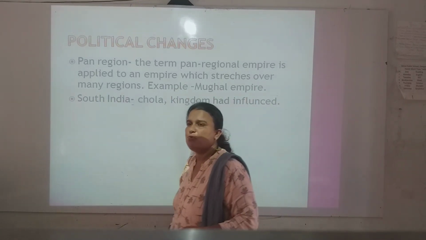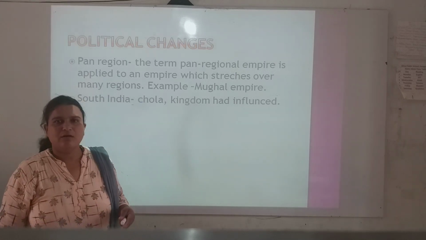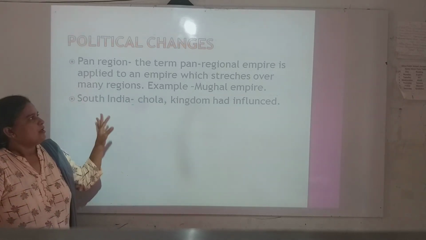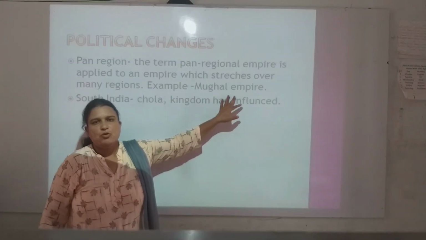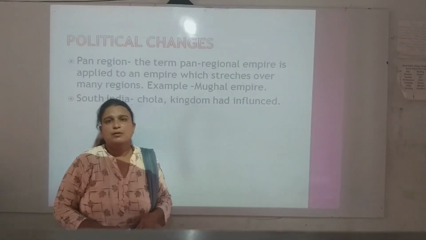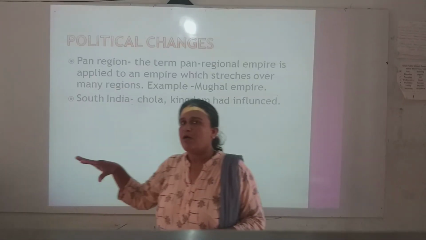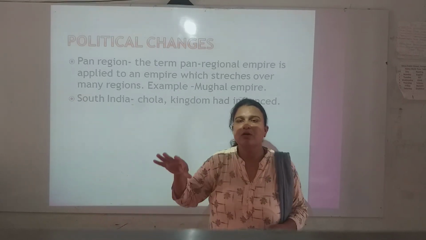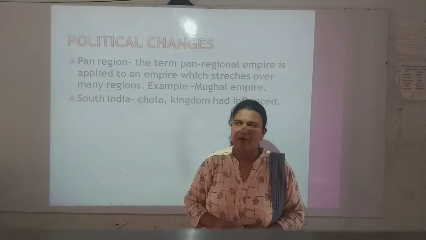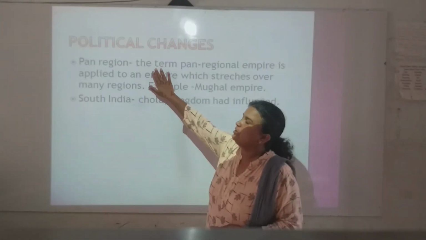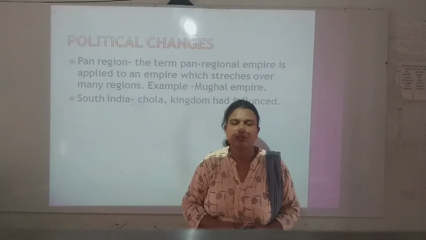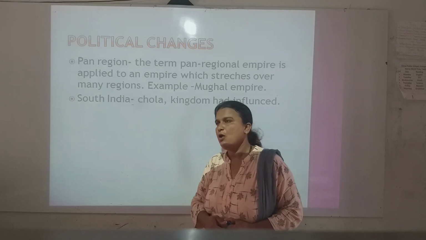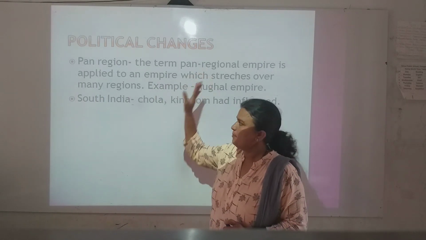We are going to study Mughal Empire history in chapter 3. The Mughal Empire was one of the huge kingdoms where central power was in the hands of the Mughal emperors, and various kings were under their central power. So such a type of political change was introduced during this medieval period.